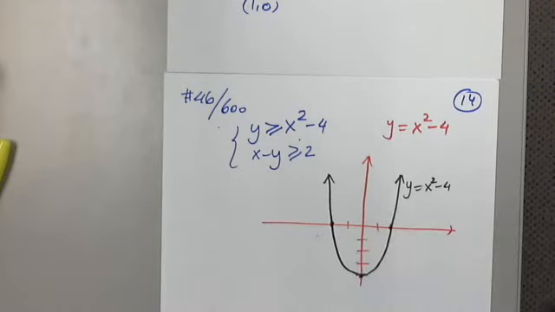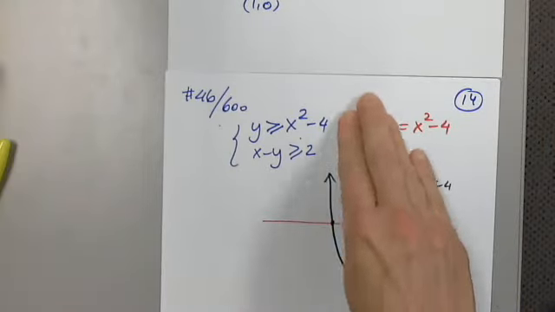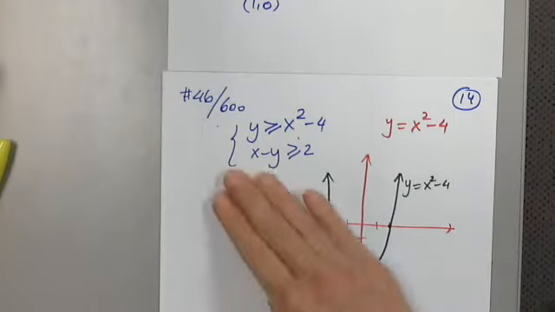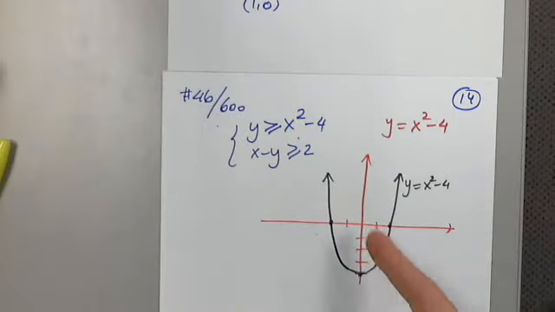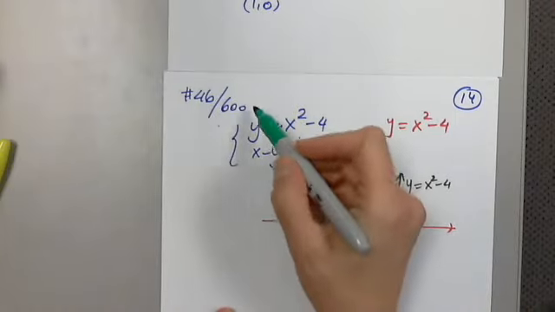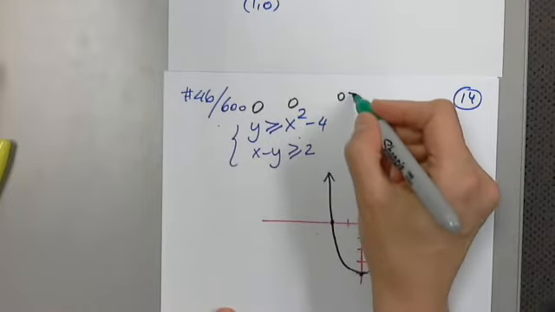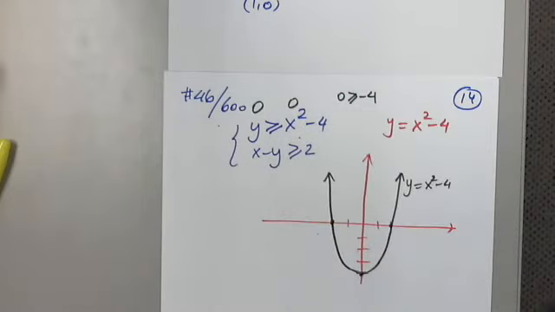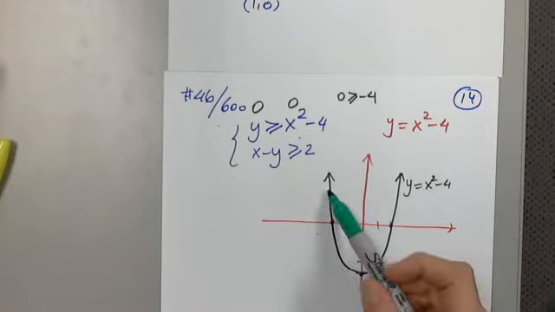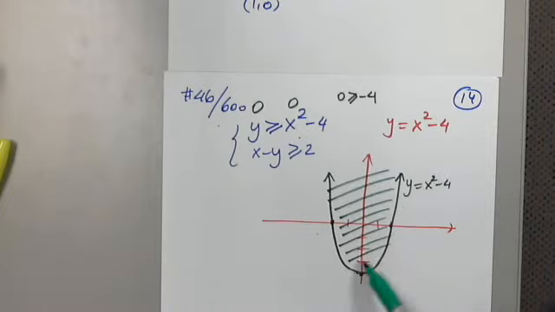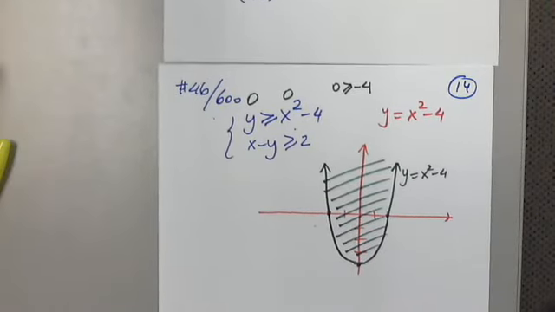I hope you agree that this curve divides the entire plane into two regions, the inside and the outside. I will choose (0, 0) again. 0 greater than or equal to negative 4. If you say yes, we'll shade in the inside. If you say no, we will shade in the outside. Do we shade in the inside? Yeah.